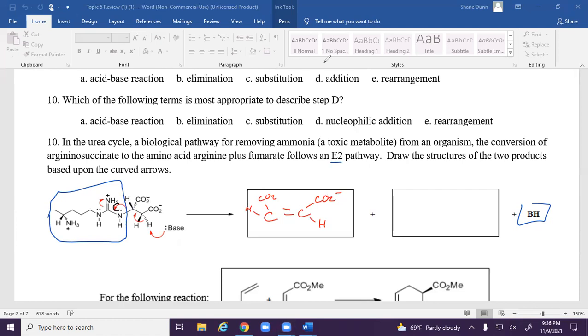This arrow right here forms a double bond right here, which then destroys this double bond moving up here, making the electrons go away. So you'll have this structure.